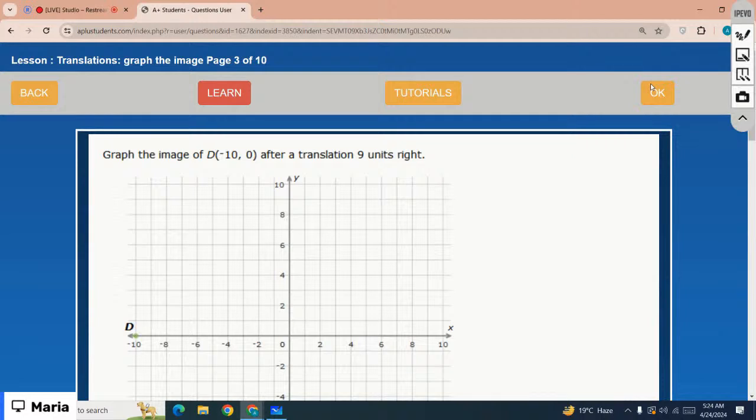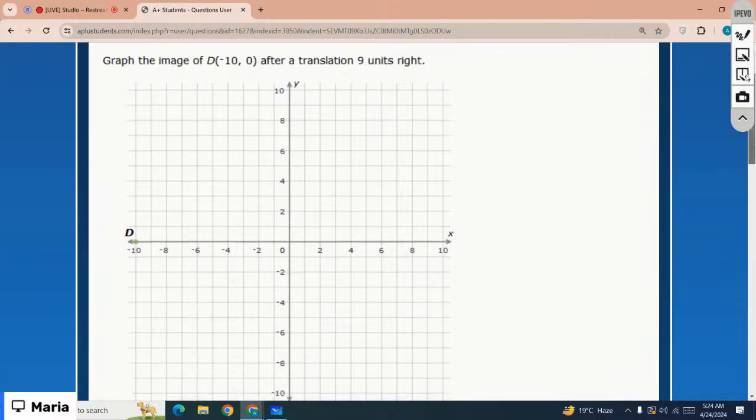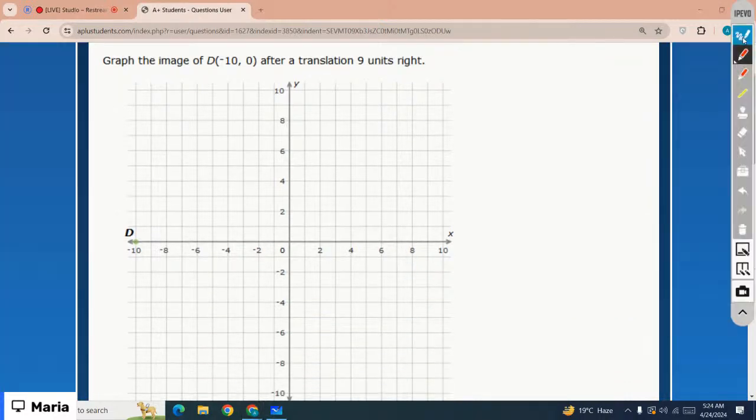Graph the image -10, 0 after a translation 9 units right. Okay, so you have to move the point 9 units right. So that would be now here, 9 units here, right? The coordinates are -1 and 0.